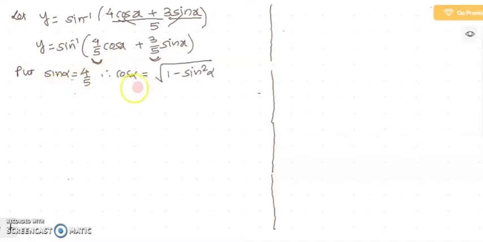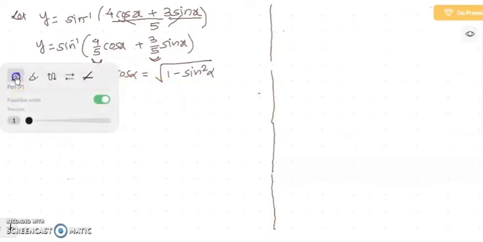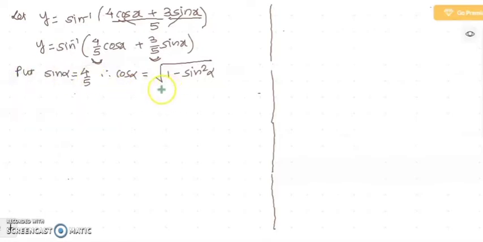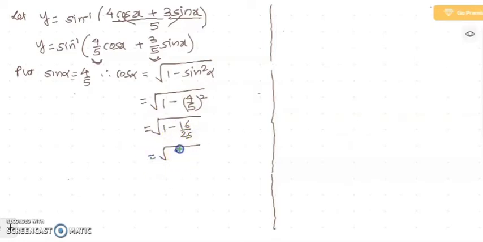If you do that, then cos alpha is equal to root of 1 minus sin square alpha, which is equal to root of 1 minus (4 by 5) square. Just calculate these values and you will find it equal to 3 by 5. Is that right?